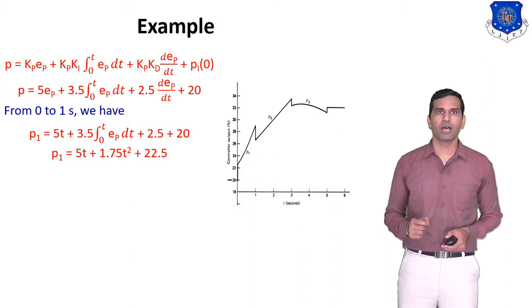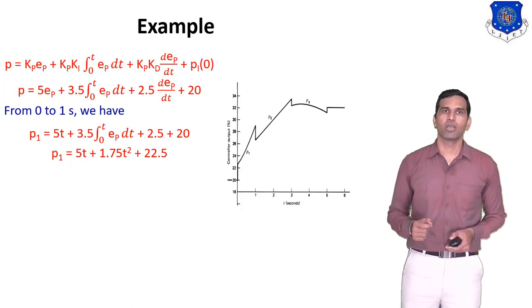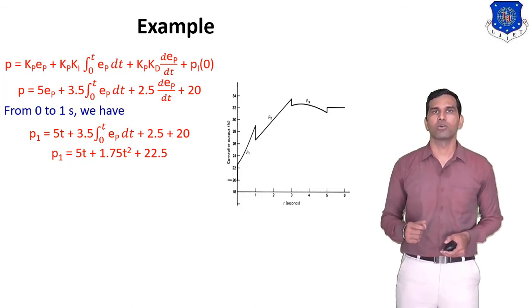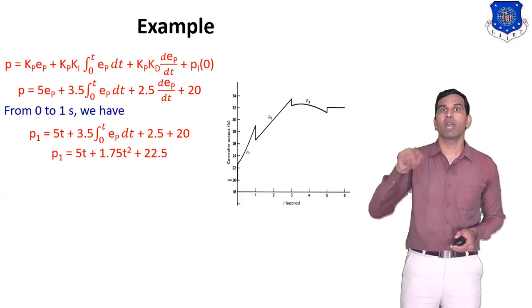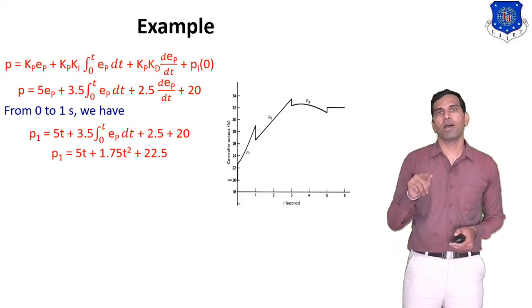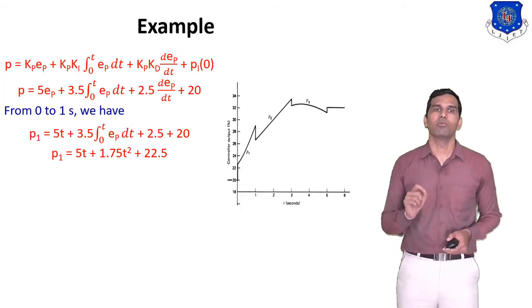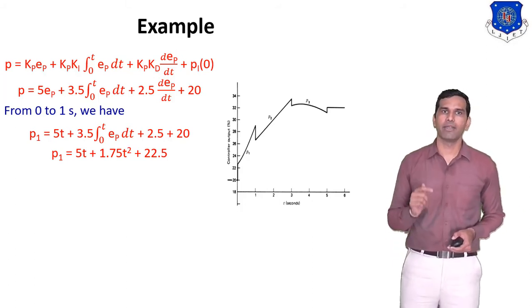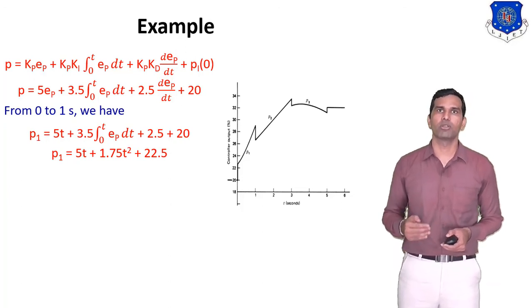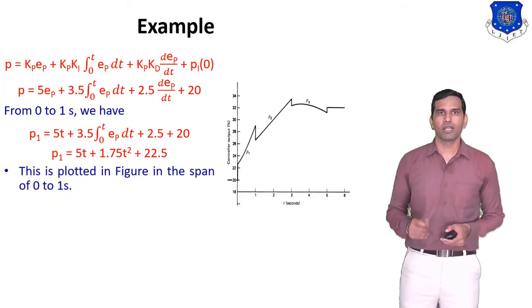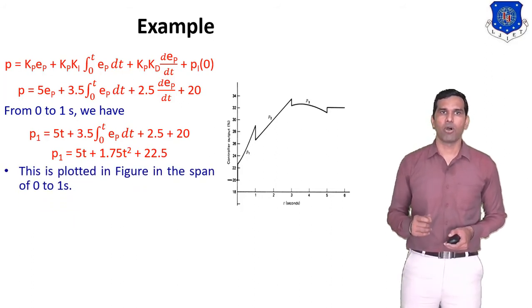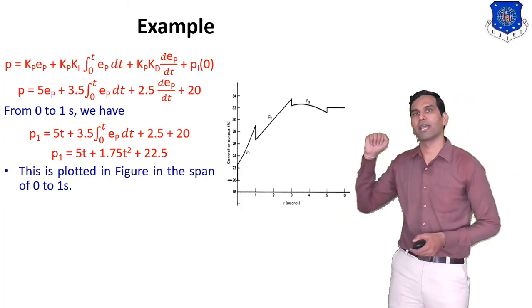Ep equals t, and the integration of t is t squared by 2, so 3.5 divided by 2 gives 1.75, and instead of t we put t squared.